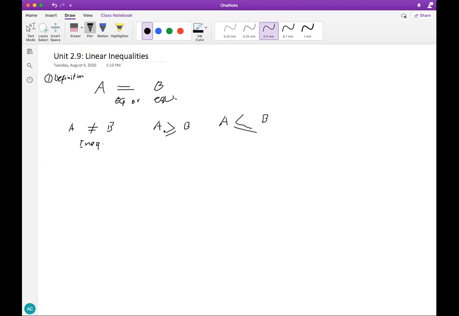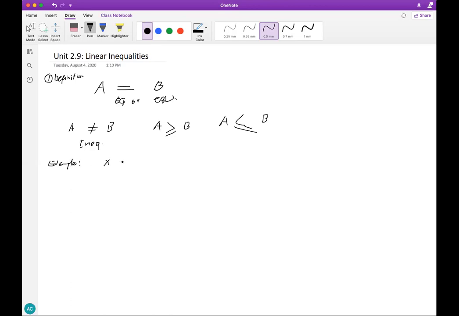But solving inequalities is quite similar to solving equations. There's one little difference we're going to talk about later. First, let's write some examples of inequalities. These are actual inequalities.